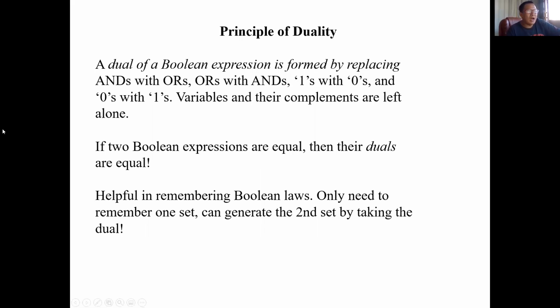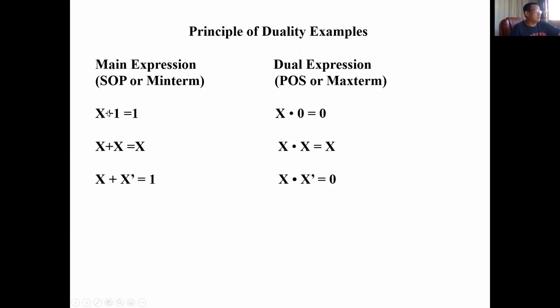So the principle of duality is like a one's complement. There's a principle of duality between POS and SOP, between minterms and maxterms. If two expressions are equal, then their duals are equal. These are helpful in remembering the Boolean laws. For example, X plus 1 equals 1.